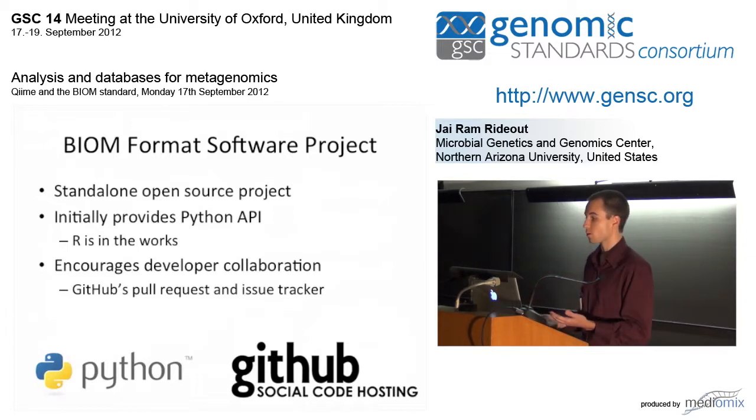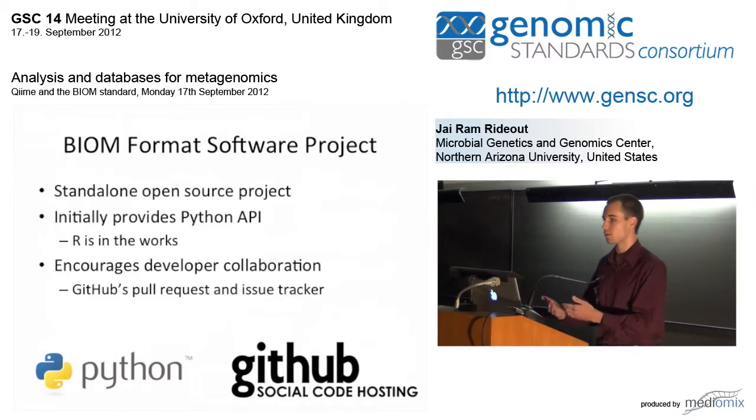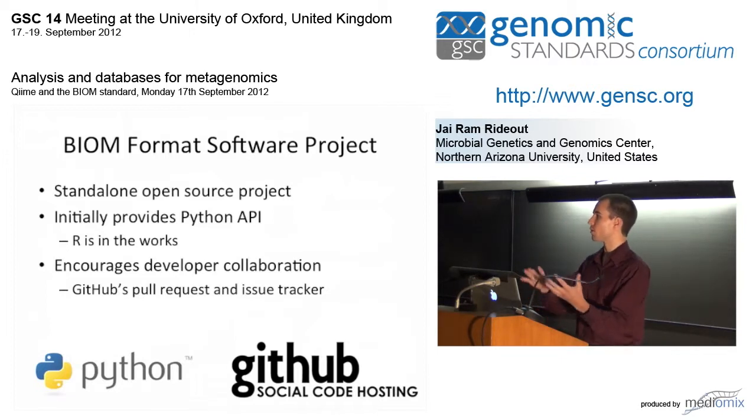So far it's been working out really well. That's actually how the R code is being developed. It's being developed by someone who wasn't initially part of the core BIOM format development team. And so we've been going back and forth with the author, giving him suggestions for how to improve that code before it's ready to be fully integrated into the project.